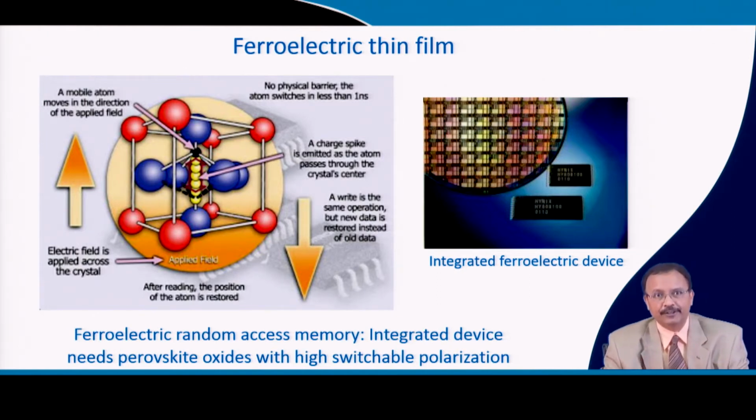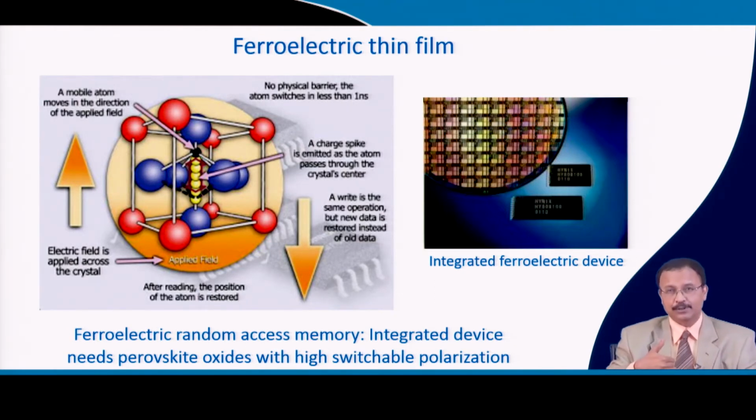So, this ferroelectric random access memory was very lucrative in the 90s until 2000, that decade. A lot of research used to be there. Now it is still there, but it has slowed down a bit because of certain problems in this memory.